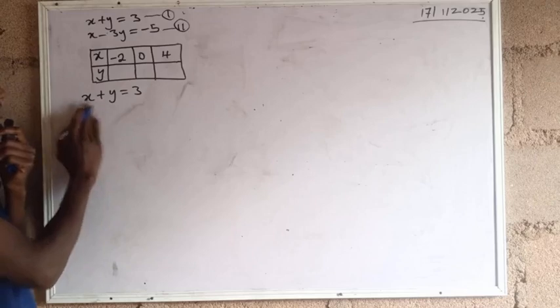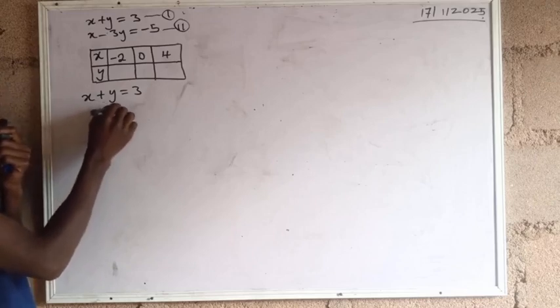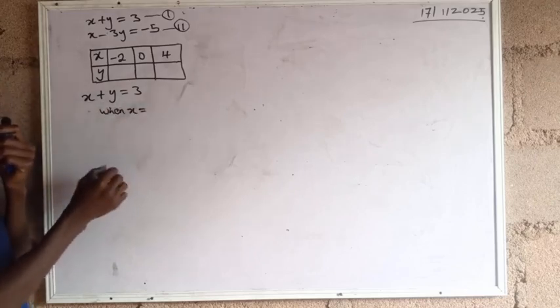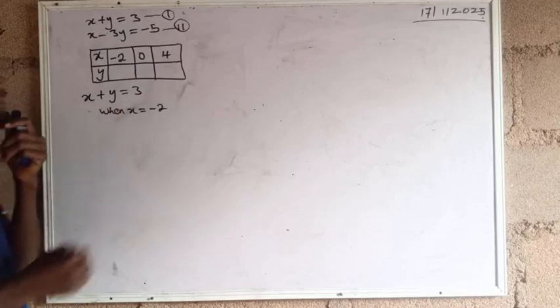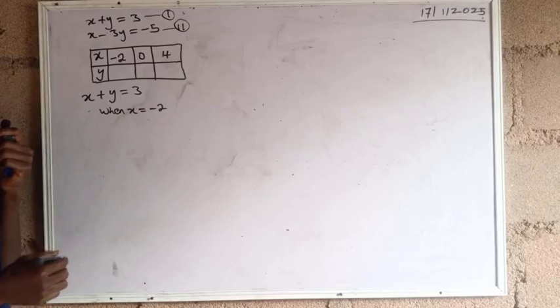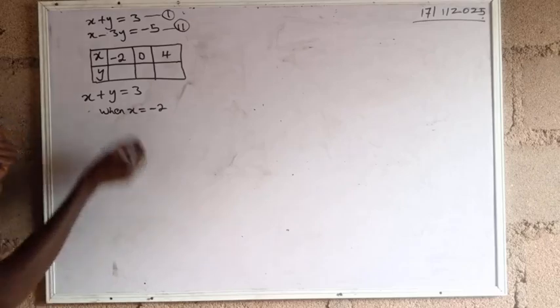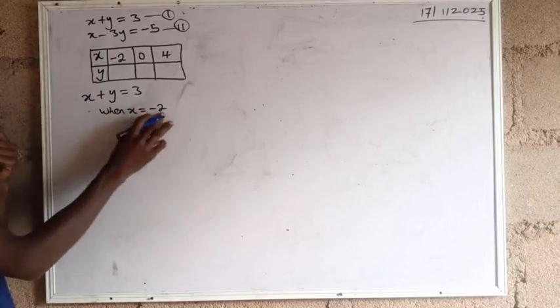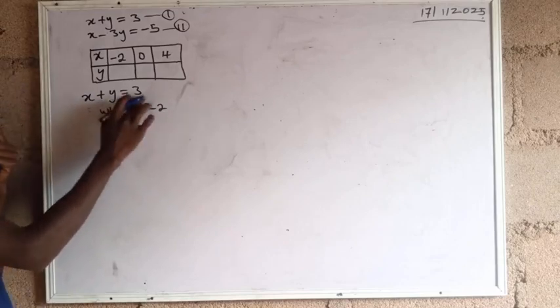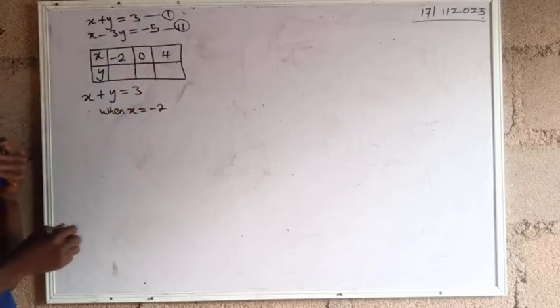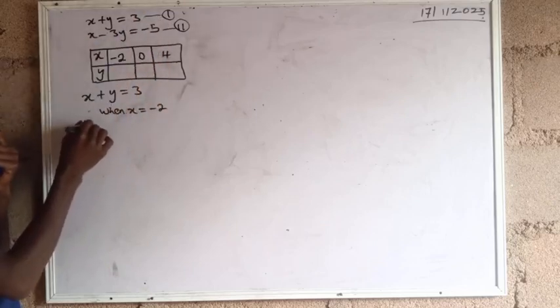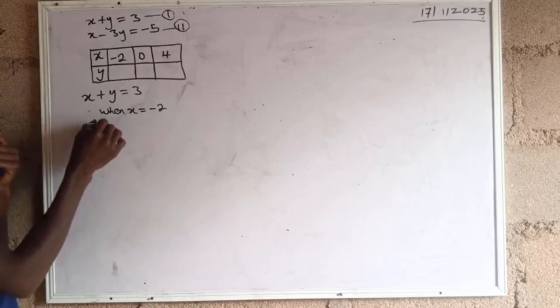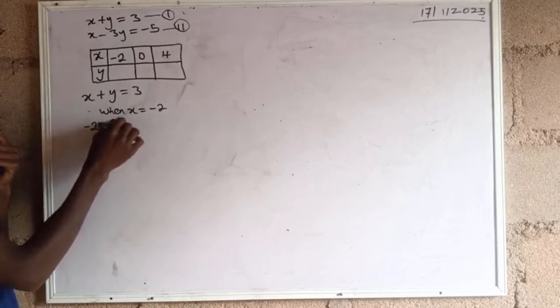When x is equal to -2, we replace x with -2 in the first equation. Therefore, we have -2 plus y is equal to 3.